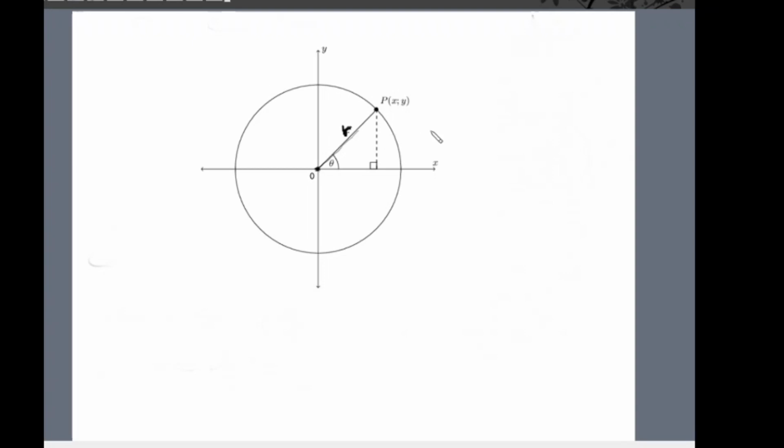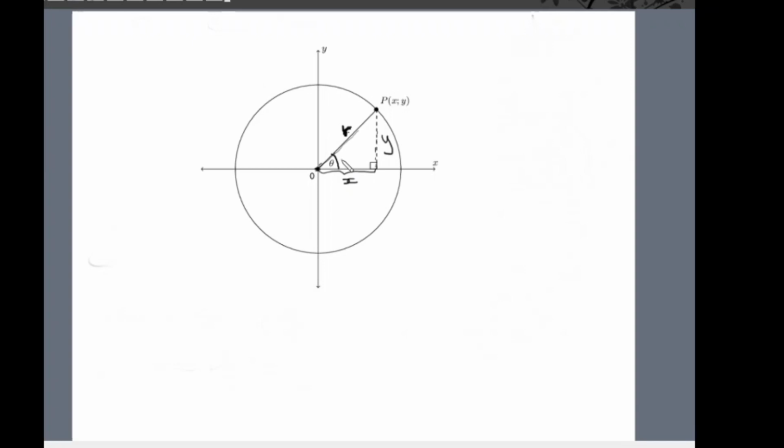It is the radius. Now we can define the trigonometric ratios because we can measure an angle between the line OP and the positive x-axis. Notice the length of this side of the triangle is x, and the length of that one is y.